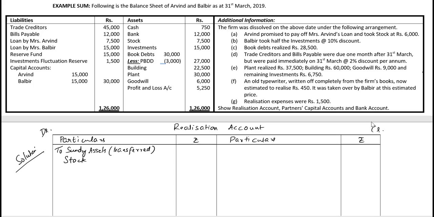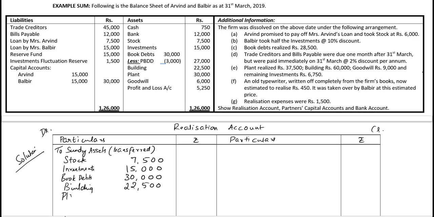Stock, the amount is 7,500 rupees. Investments, 15,000 rupees. Book debts, 30,000 rupees. Building, 22,500 rupees.